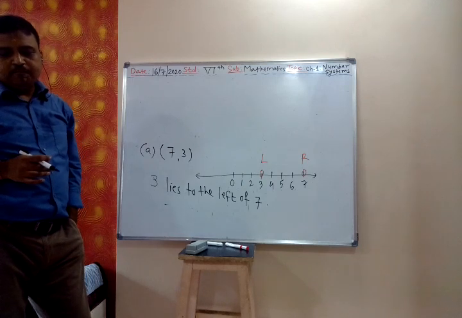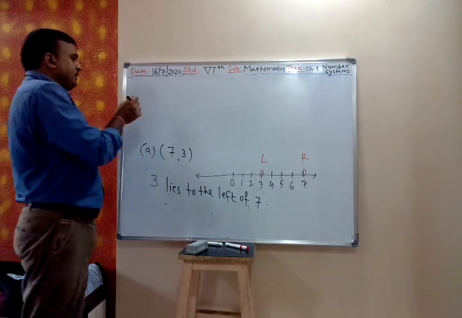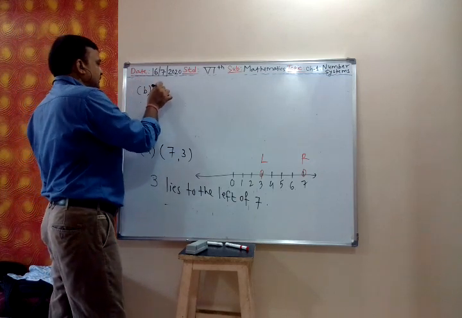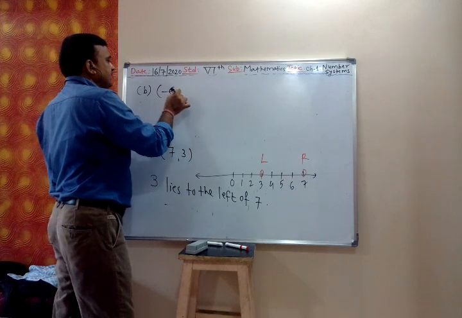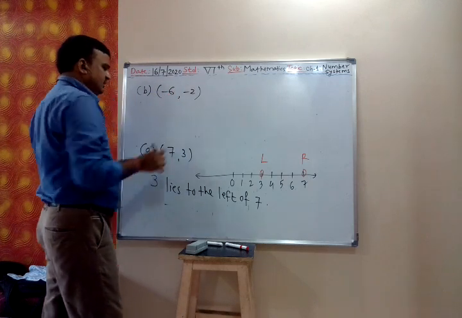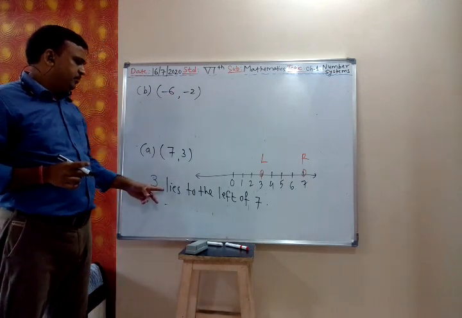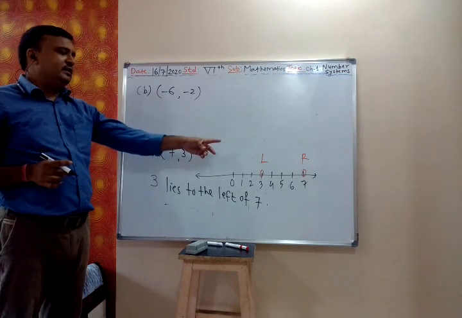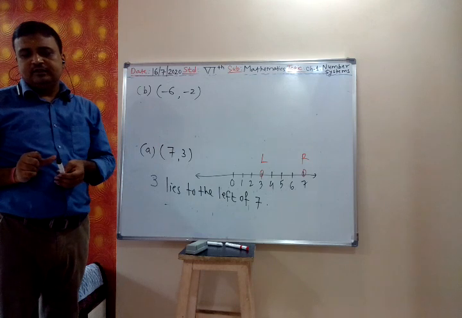Now next is minus 6 comma minus 2, B part. L means left, R means right.